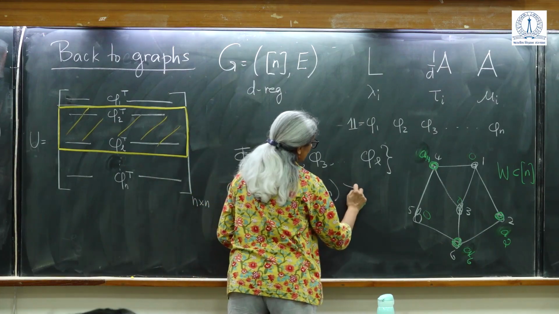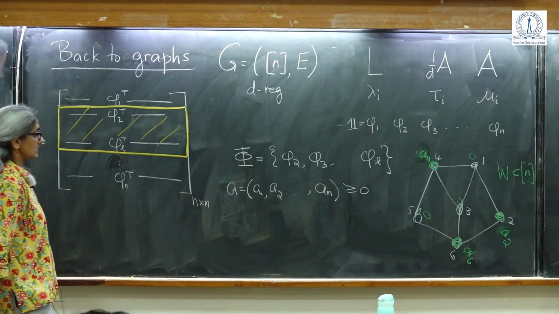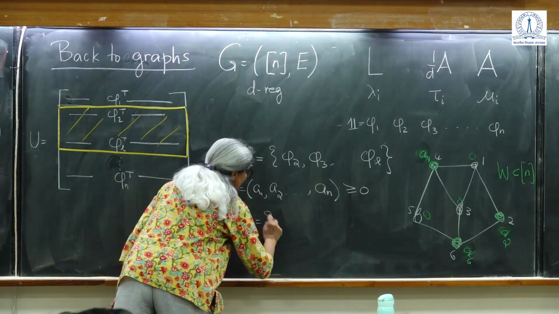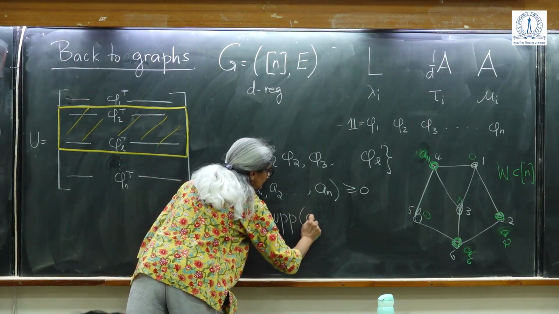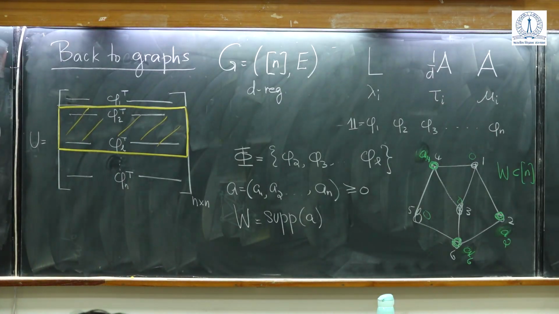This is a weight vector, and let's assume they are non-negative. For today, I'm going to mostly assume they are non-negative. And the big W is just the support of this A. In lots of places I want this A vector to be 0, and wherever it's not 0, it's picking out some vertices, okay?